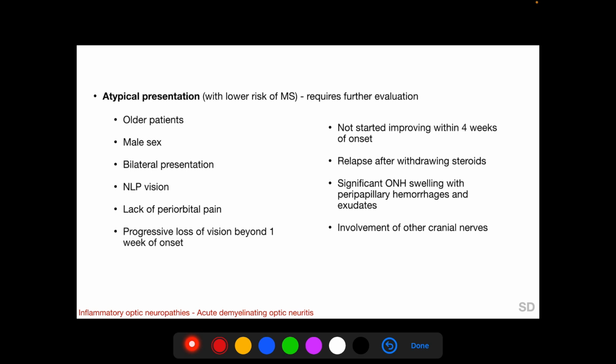Here we must remember that lack of periorbital pain, progressive visual loss beyond 1 week of onset, and visual loss which has not started improving within 4 weeks of onset indicate atypical optic neuritis, and these are very important clues clinically.